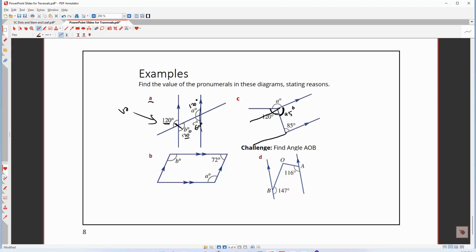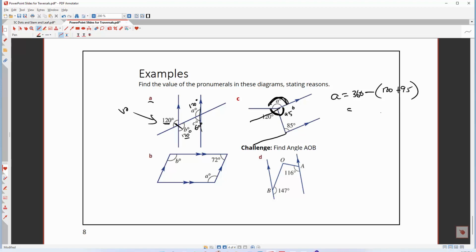Now I know that if that is 120 and that is 95, then I'm looking for this. And you notice that we're going around in a full revolution, a full circle. And that means that that has to be 360 degrees. So to find out A, from 360, I would remove 120 plus 95.